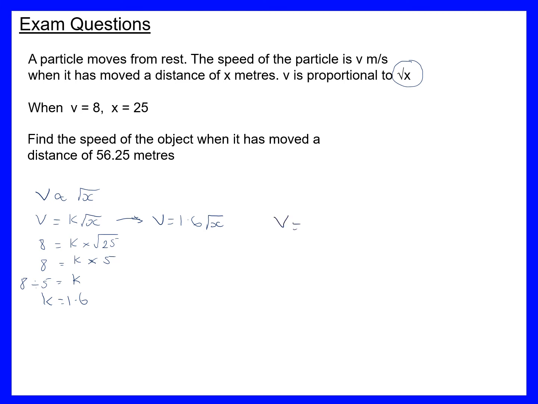So v is equal to 1.6 times the square root of 56.25, and we're going to put that into our calculator. 1.6 times the square root of 56.25 gives us an answer of 12 exactly, and our unit is meters per second. So although it didn't ask us to find a formula in the question, until we found that formula, we can't use it to answer our question.